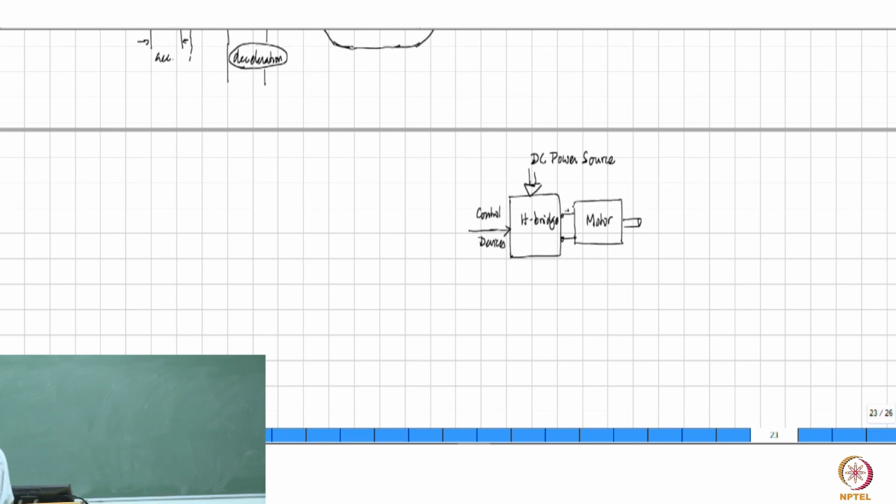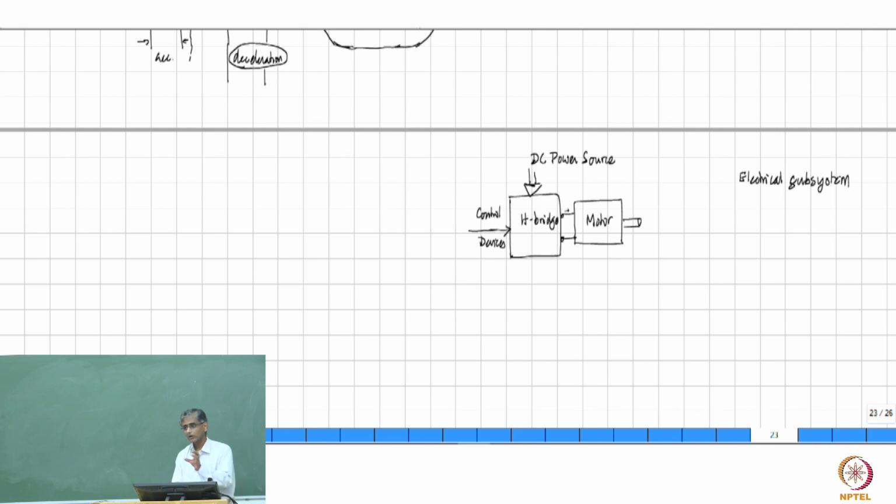Therefore, when you apply an electrical signal, that is an applied DC voltage, what responds first? The first response will be there from the electrical circuit, right? So the fastest responding element in the DC motor is the electrical circuit. The electrical subsystem, let us say, that is the one that responds first.